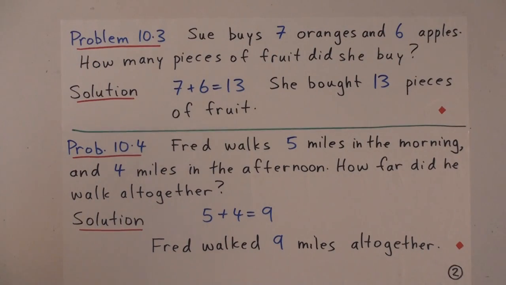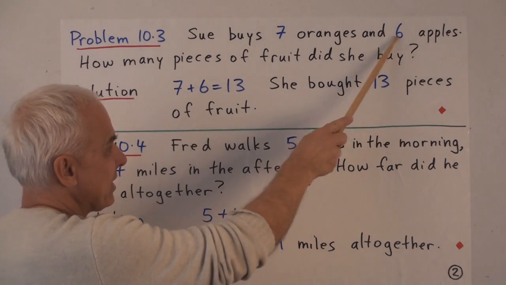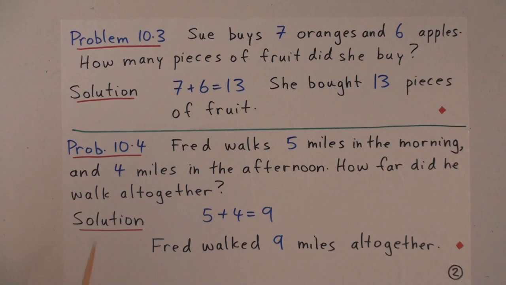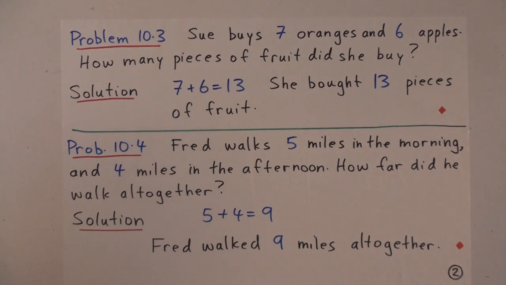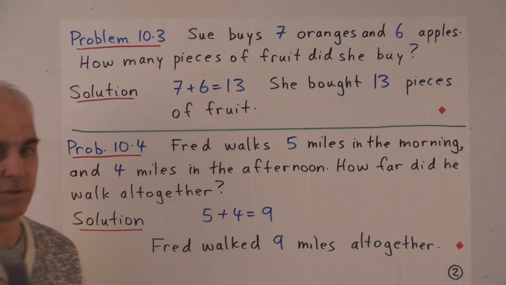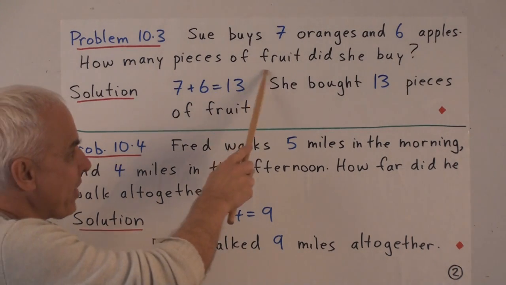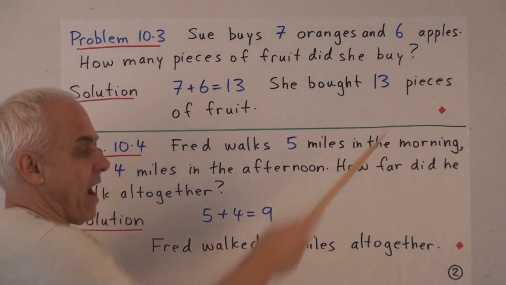Our third problem has some fruit in it as well. Sue buys 7 oranges and 6 apples. How many pieces of fruit did she buy? Well, you have to know that oranges and apples are both fruit. So the question is including the oranges and the apples together.